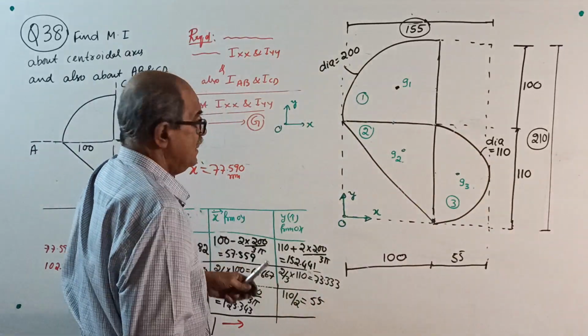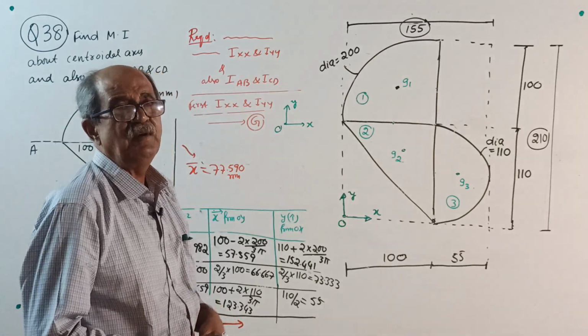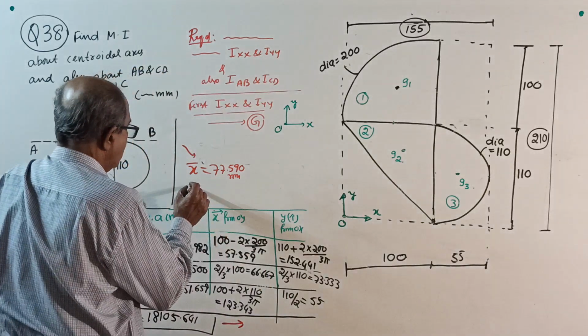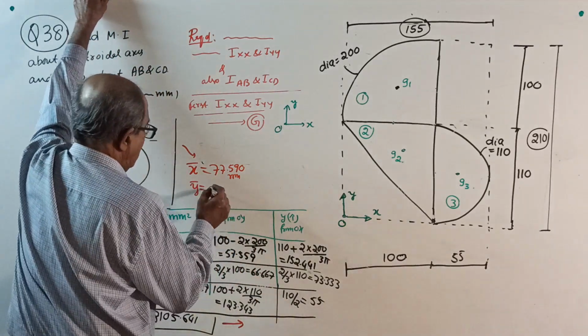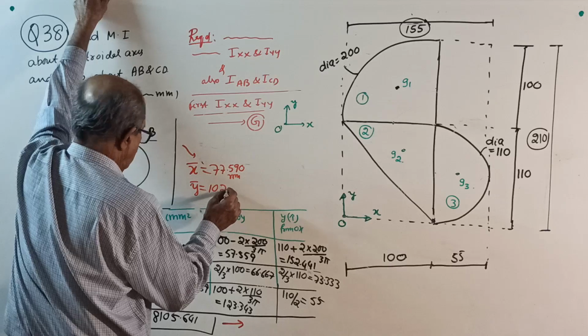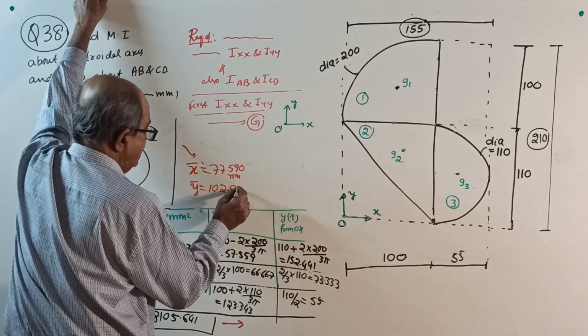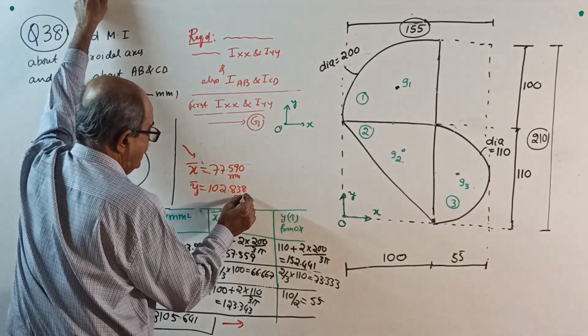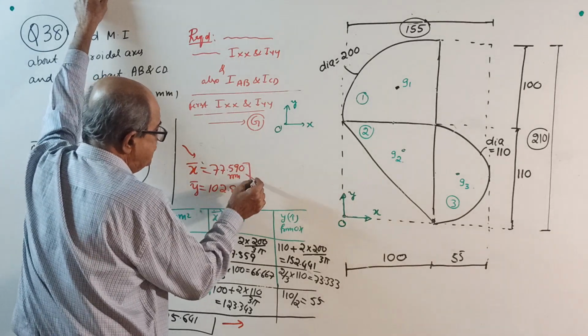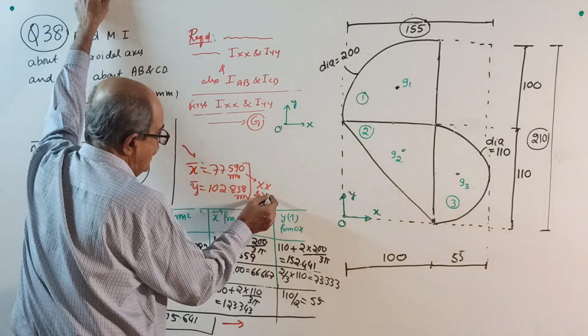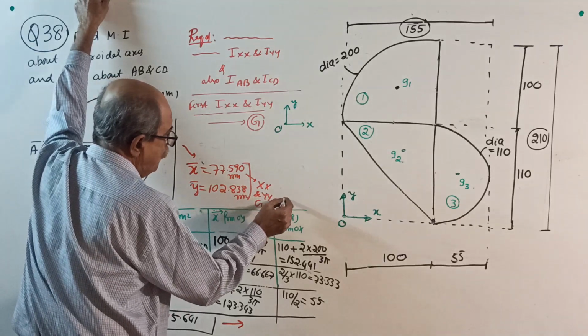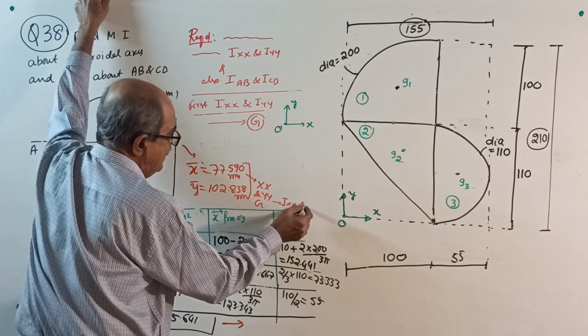Now calculate A1 y1, A2 y2, A3 y3, divide by total area, you get the value of y bar. Those who are serious, write everything systematically. 102.838 millimeter will come. Now, with this data, you locate XX and YY along with G and go for Ixx and Iyy.